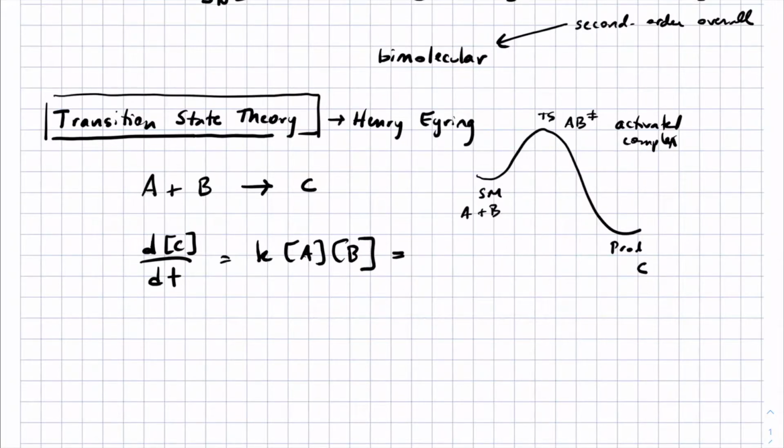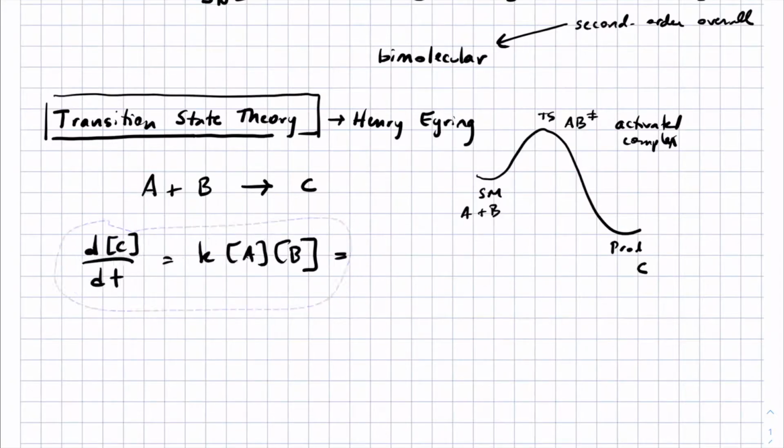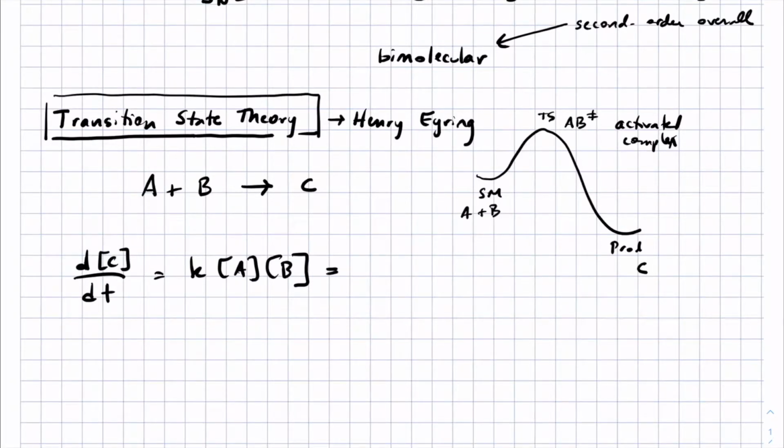He said that while you could represent the rate as some rate constant times the concentration of A times the concentration of B, you could also envision some other kind of rate constant and the concentration of the activated complex. If you had more stuff in the activated complex, he envisioned the reaction would go quicker.